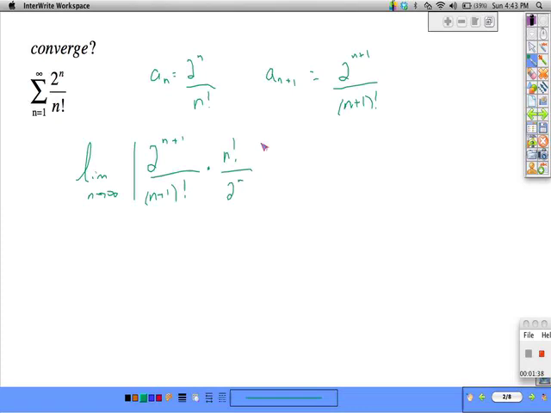And if the factorial and the power could cancel out, this would be a very easy limit to evaluate. And that is exactly what happens, because this is 2 times 2 to the n over n plus 1 times n factorial.